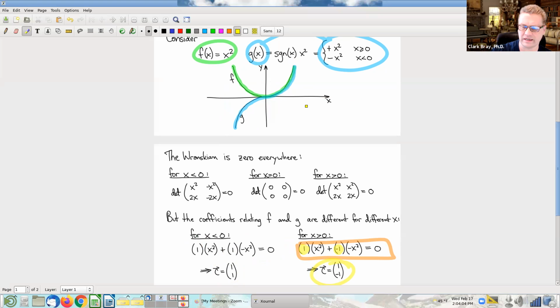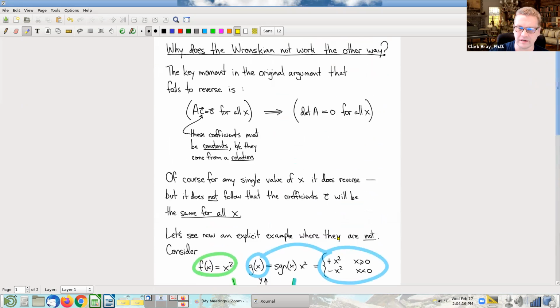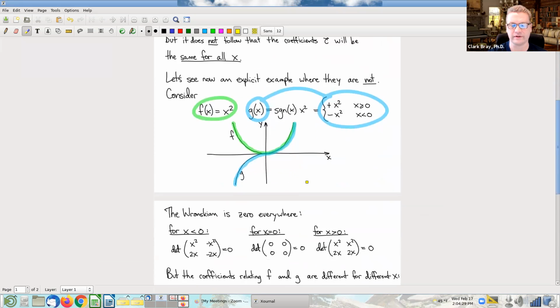So you notice then for different values of x, whether x is negative or x is positive, you get different C's. So going back up to here, you don't get constant coefficients, and therefore there is actually no actual relation. And that's what we really needed. We needed to have a relation between the functions.